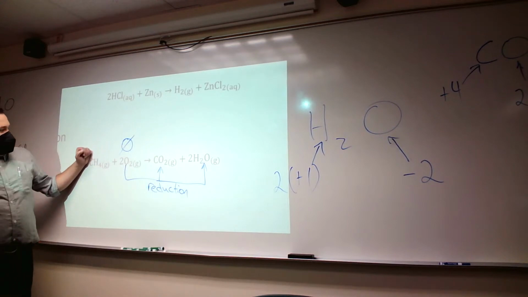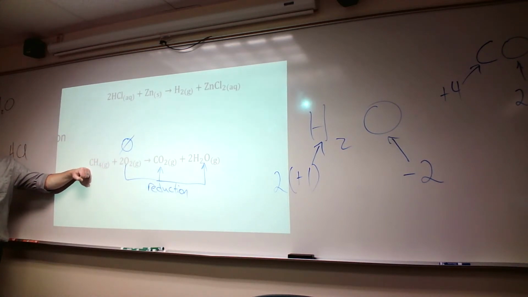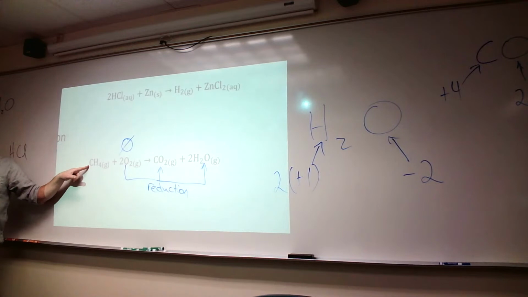Which means something had to change here. So the carbon ends as a +4. What is the carbon over here? Is carbon more electronegative than hydrogen or less? Hydrogen was our dividing line, right, between the metals and the nonmetals. Every nonmetal is more electronegative than hydrogen. So that means carbon gets first dibs on the electrons.